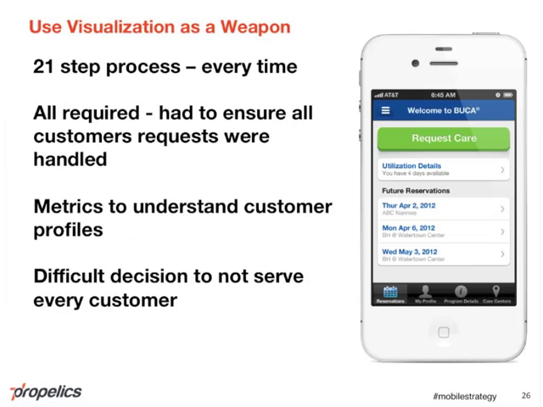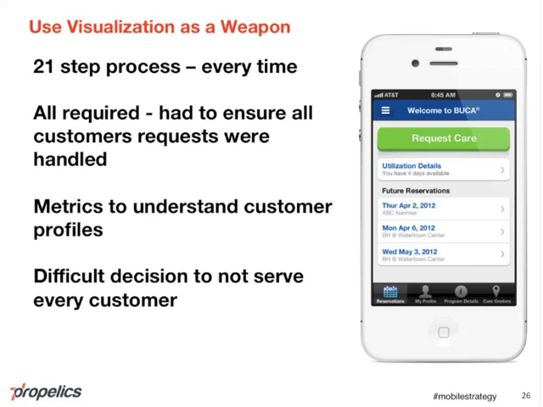And one of the examples, one of our clients has a customer-facing, not consumer, but customer-facing application that we're scheduled to roll out in the next few months. It's an application that's used to do reservations, basically. And the website version of that is a 21-step process to make this reservation.